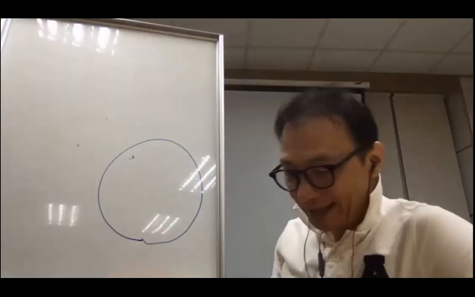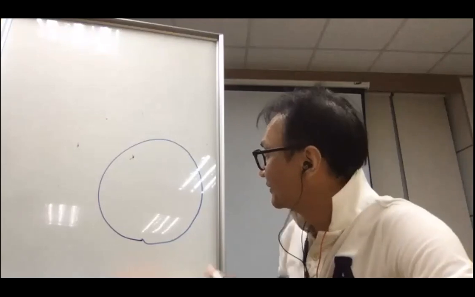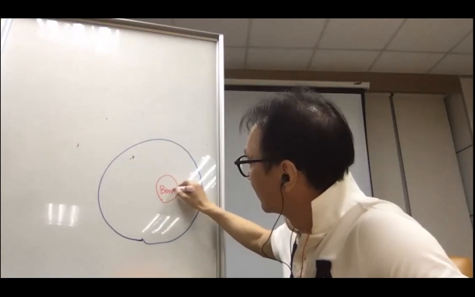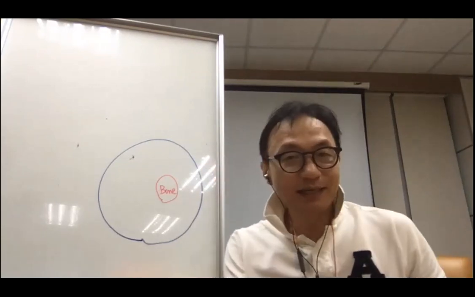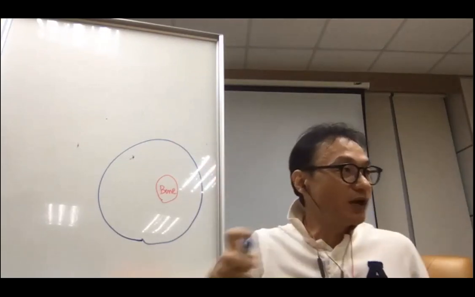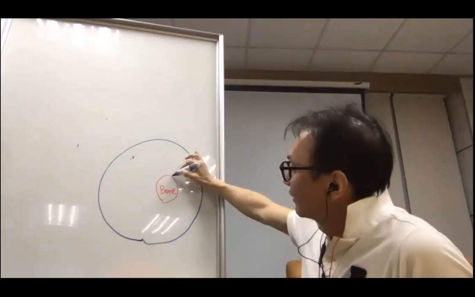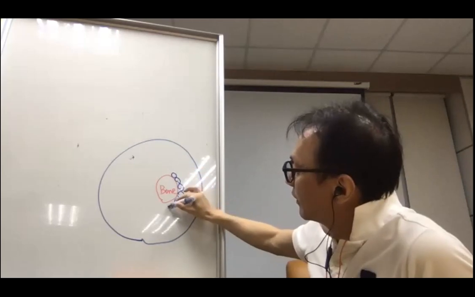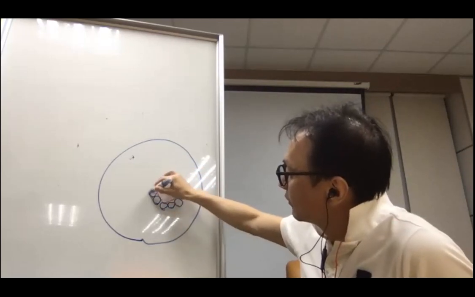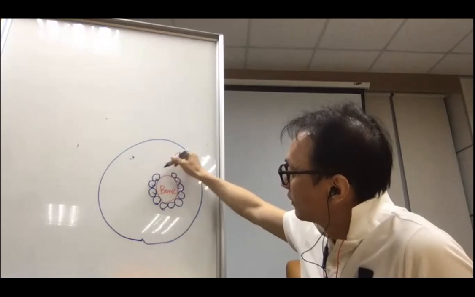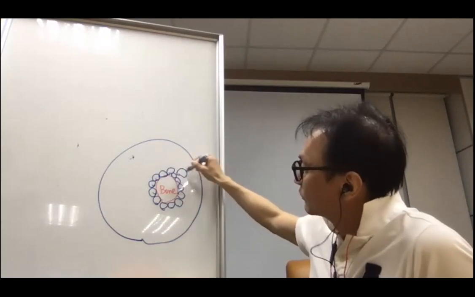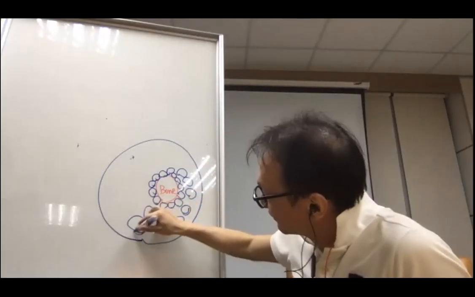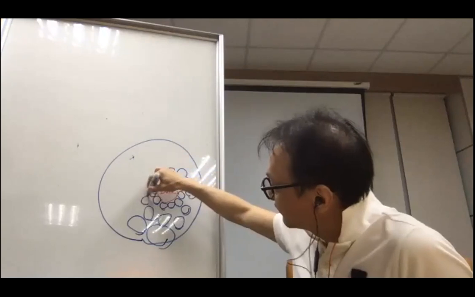This is your leg, okay? And you have a bone right here. And you can see the myofiber. Around the bone, the myofibers are very small. And then you start to have bigger muscle fiber surrounding.